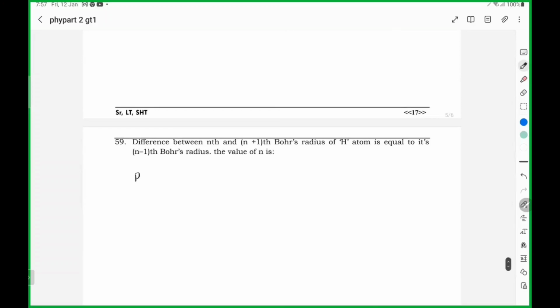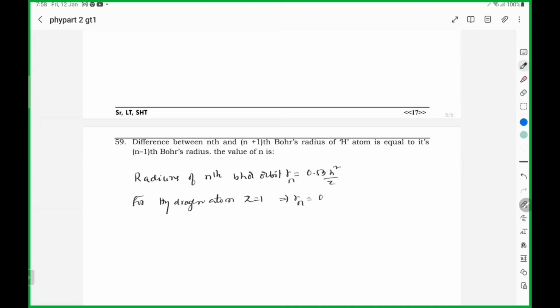The radius of the nth Bohr orbit is 0.53 n square by Z. For hydrogen atom, the Z value is 1, so it is 0.53 n square. Let us say k n square.